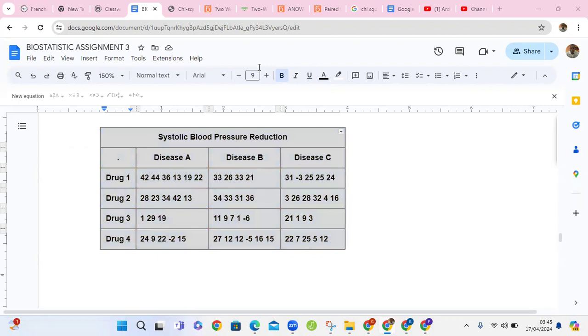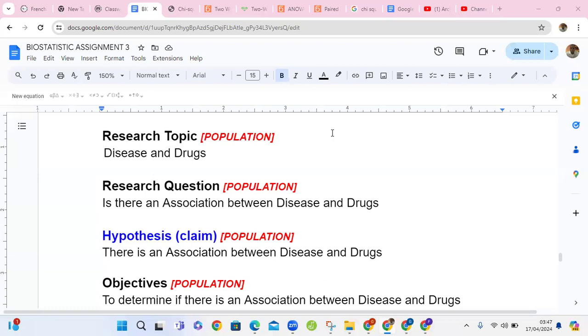So the two categorical variables here will be disease and drugs. The research topic is about the population along that line, disease and drugs. The research question pertaining to the population is: is there an association between disease and drugs in the population?